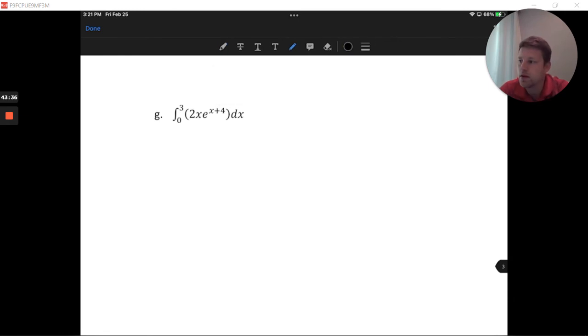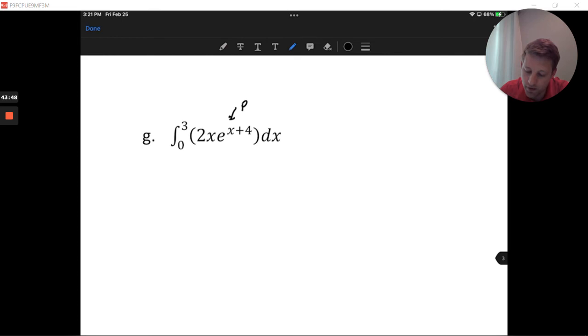All right. And one way we can consider this e raised to the x plus 4 is to use a little exponential rule just to rewrite this. So the product rule, again, for the exponent here can be used to help simplify this integral down just a little bit. So we have the integral from 0 to 3.